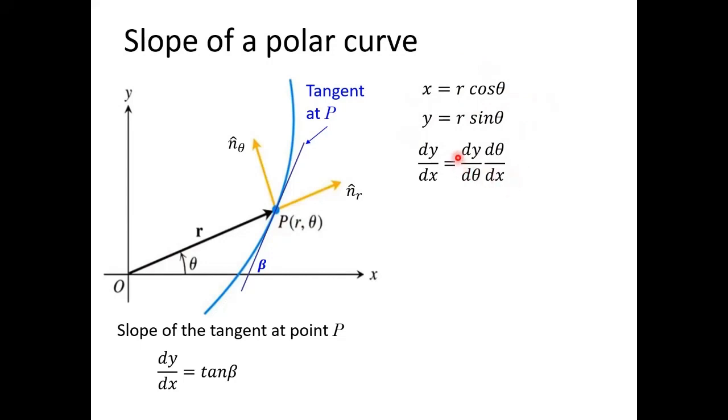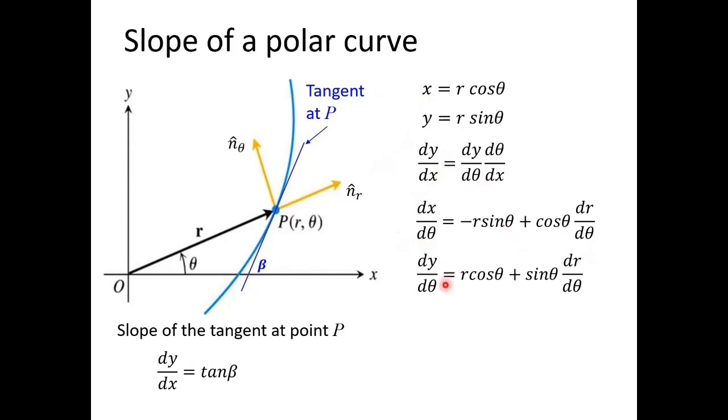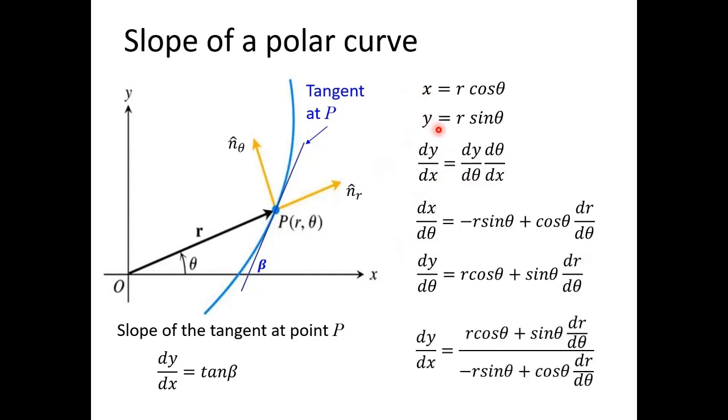Then when you divide dy over d theta by dx over d theta, we will be able to find dy over dx. And that is over here.